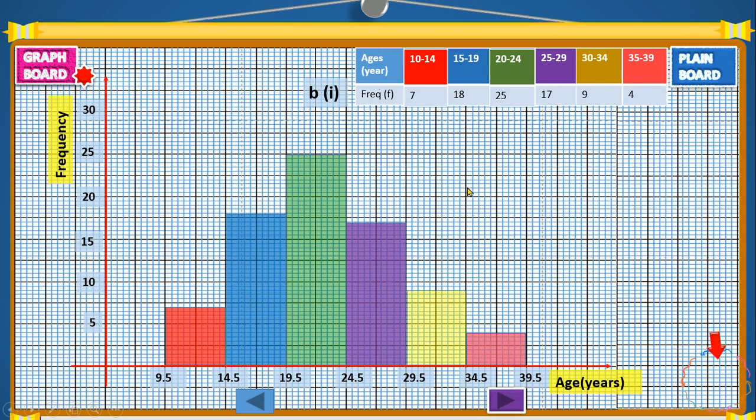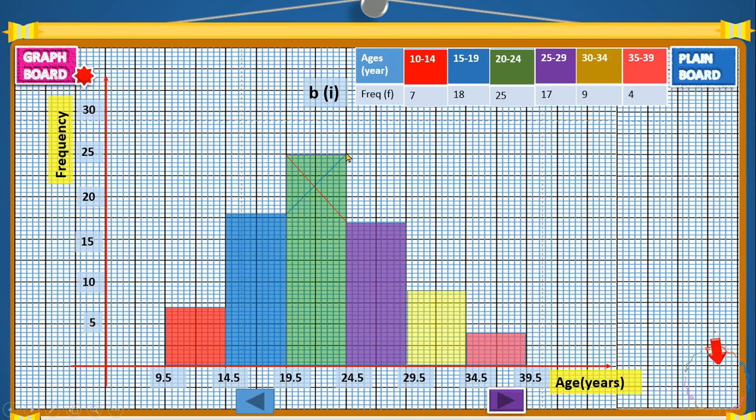Now, having completed the rectangles, we're going to answer the questions. The first question says we should find the mode. From the upper left corner of the tallest rectangle, we draw a line to the upper left corner of the next rectangle to the right of it.